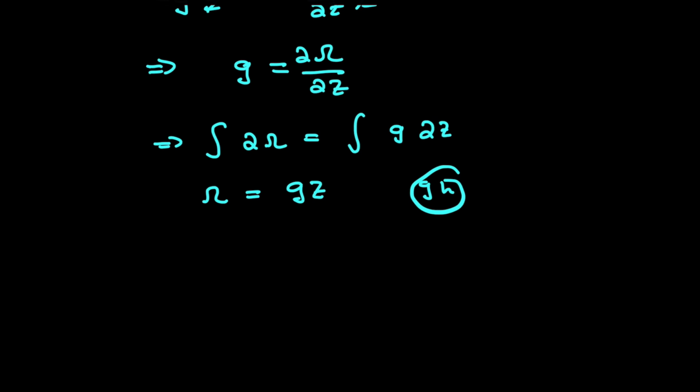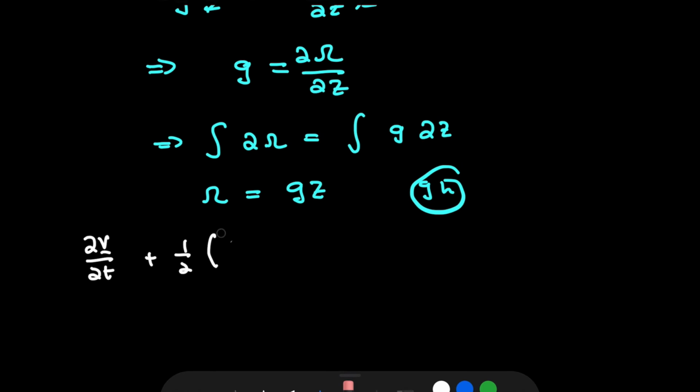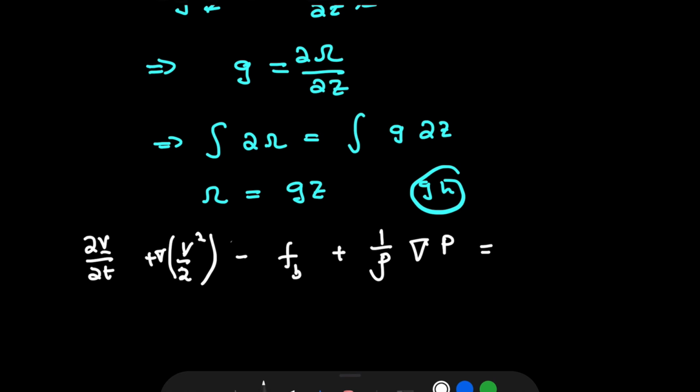Just remember that our equation was in this form: the partial derivative of v with respect to t, plus del of one half v squared, minus F_B, plus 1 over rho, sorry, that's density, by the way, which is different from this one, and then v cross the vorticity over there.